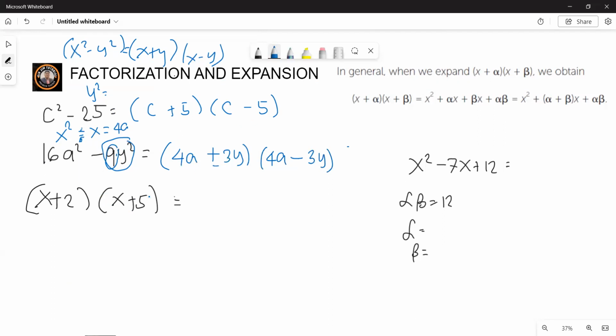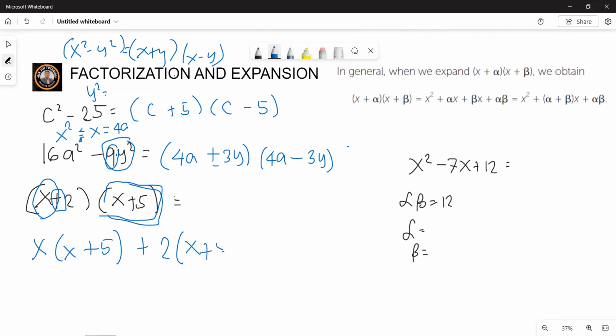Now, how about expansion? In expansion, first, we copy this one. I write here x, and then copy this whole thing, x plus 5. And then plus, you write here, and then copy 2, and then multiply this x plus 5. So we expand.